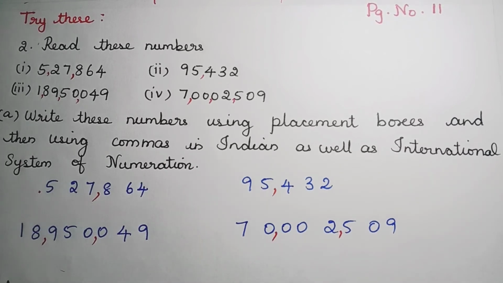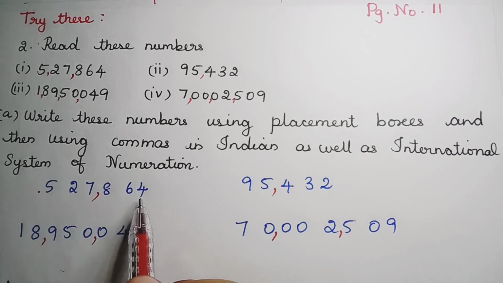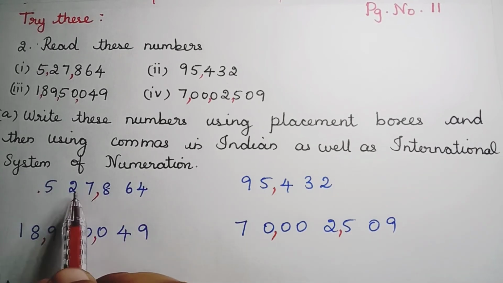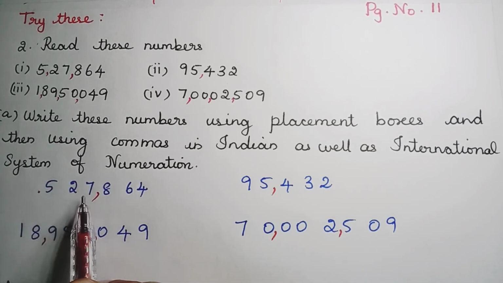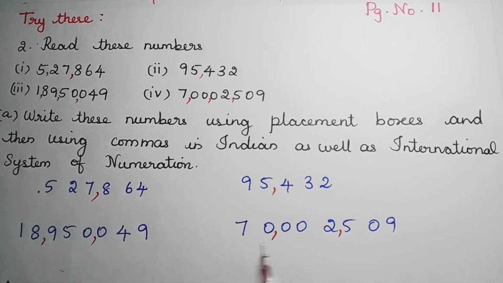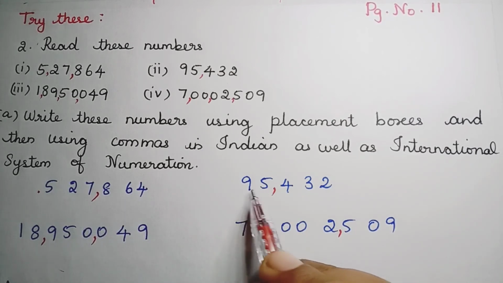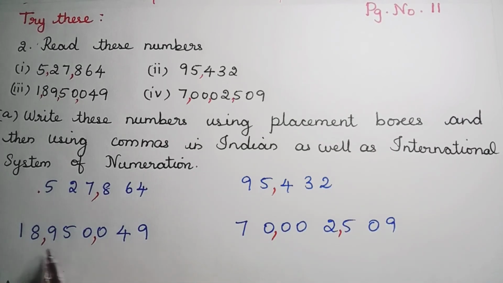Okay. So now you have to read this. How will you read this using international system? So ones, tens, hundreds, thousands, ten thousands, hundred thousands. So this is 527,864. Okay. So this is 95,432. So how will you read this?